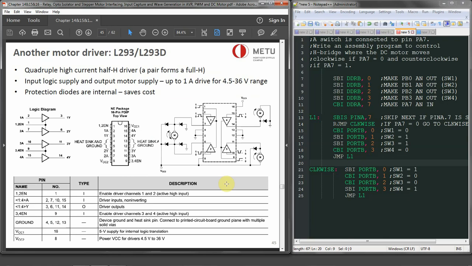This is also a quadruple high current half-H driver, so we can use two of them to have two full H drivers to drive the motor. All the characteristic details are given in the datasheet. I'm not going to go into the details of that, but this is what we are going to have.